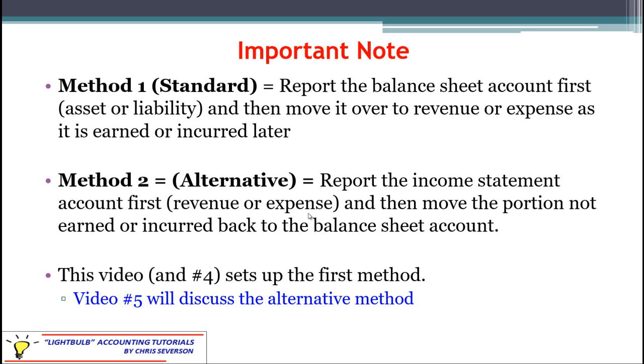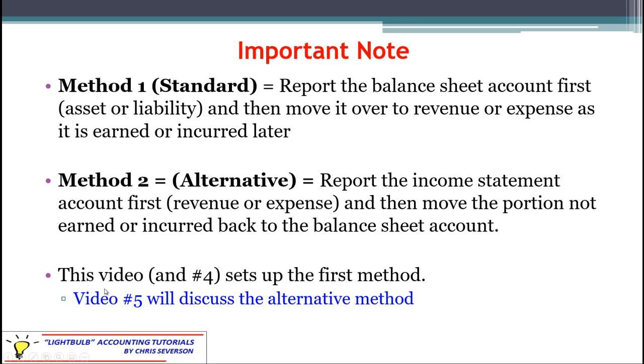Now, at the end of the period, if that assumption doesn't hold true, then you basically have to move the portion that you have not earned, or the portion of the expense that you have really not incurred yet, back to the balance sheet account for temporary storage. And then later on, you'll determine next period how much of it you have used up then.